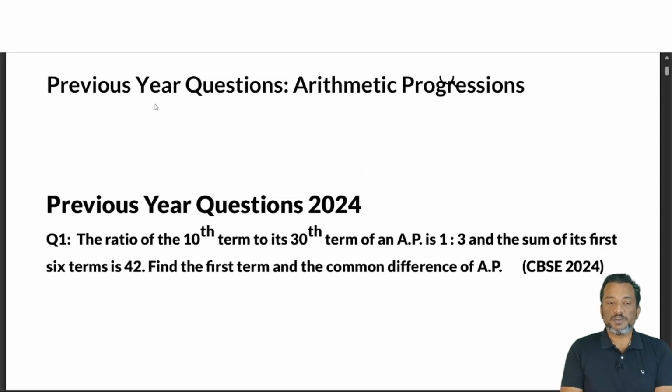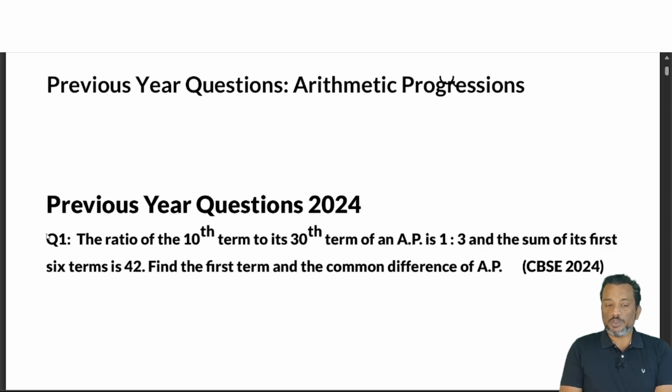Let's start the question papers of arithmetic progression from 2024 to 2022 onward. Now you can see the previous year questions on arithmetic progression.